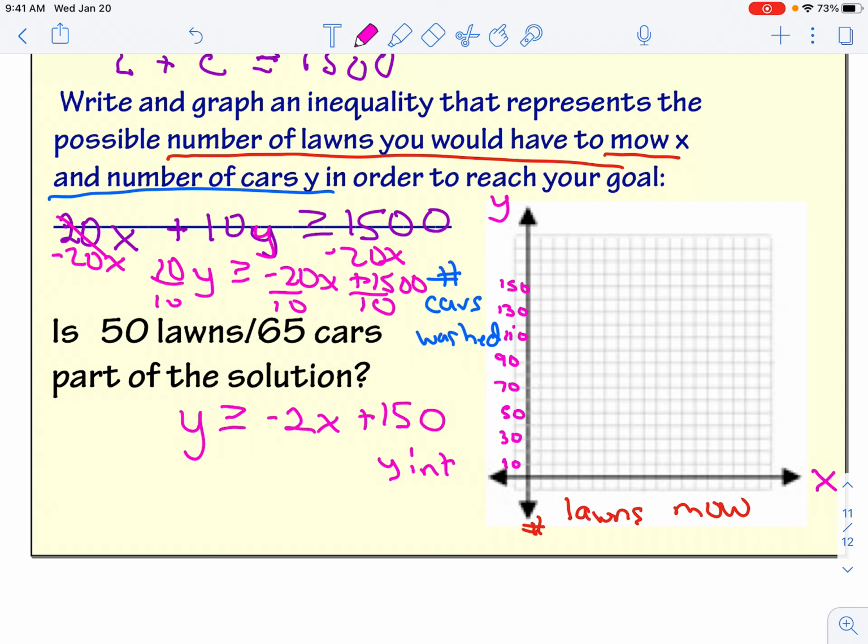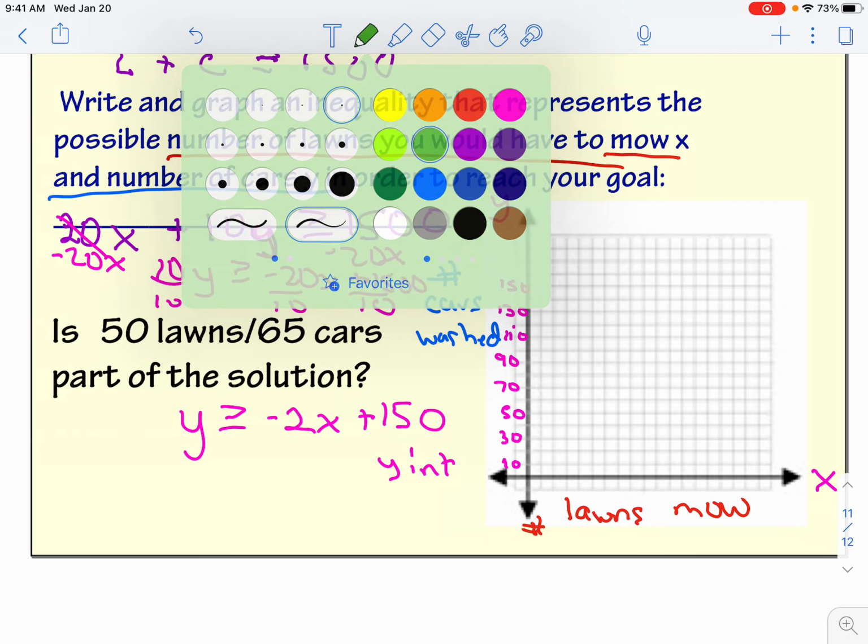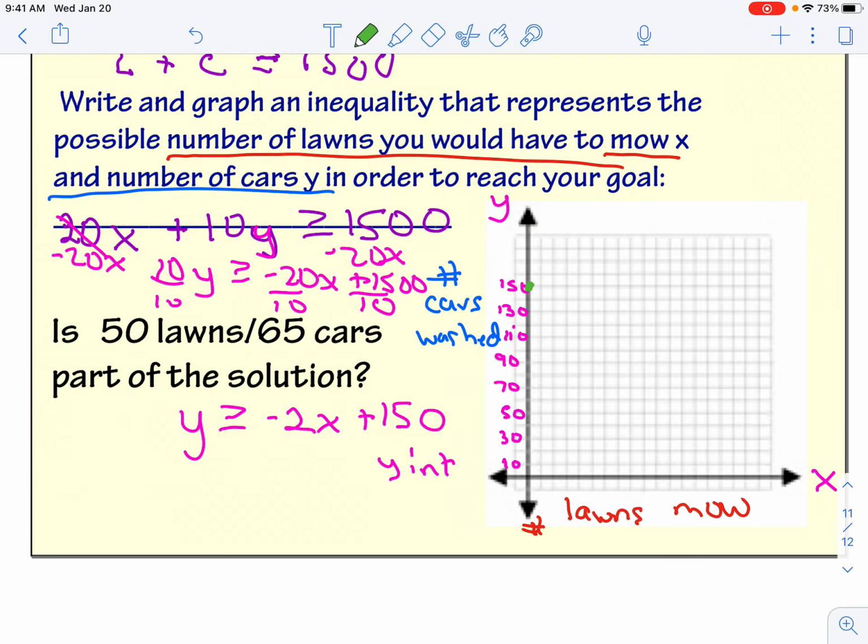So now when I graph this, I am going to put my y-intercept right here at 150. And then I'm going to go down 2 units and over 1. But I'm going by tens. So I'm going to go back to this original, going down 20. And I know this is kind of complicated for you, but that would be the same as negative 2 over 1.